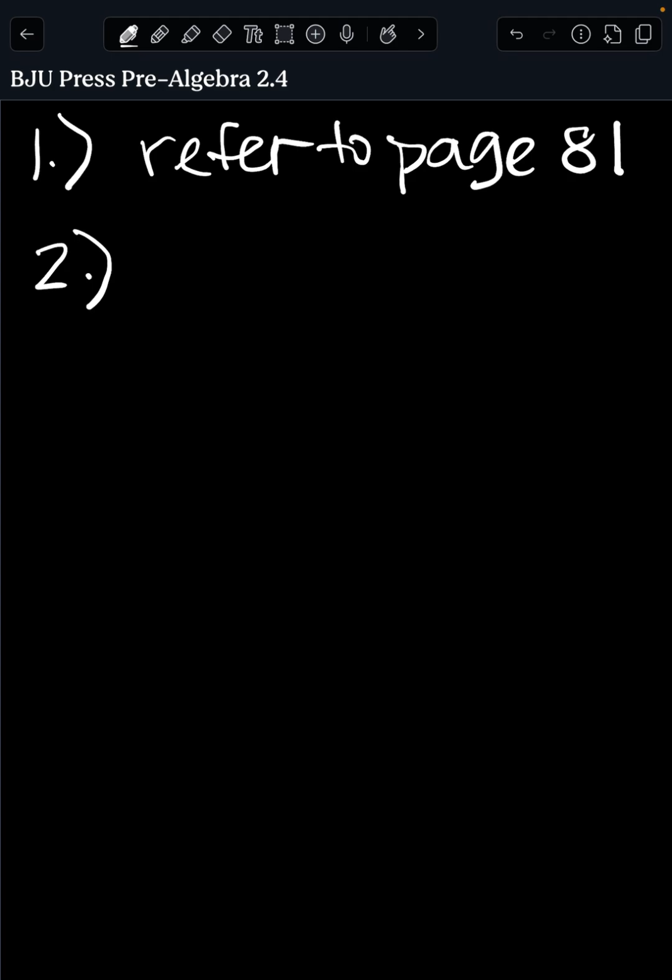So anytime you have the word than, whether it's less than or more than, you're always going to put that thing at the end. So I'm going to have 7 less than. I'm going to write it, since it's less than, as a minus 7 at the end. And I'm going to start with the 3. So it says 7 less than 3.